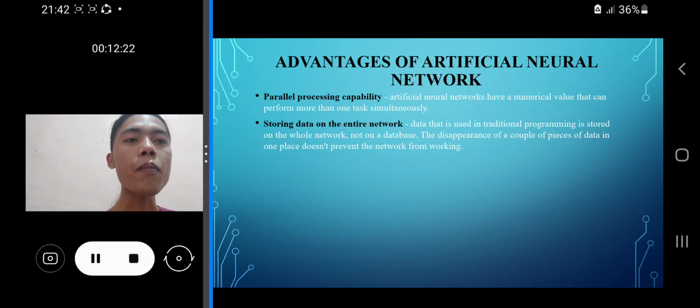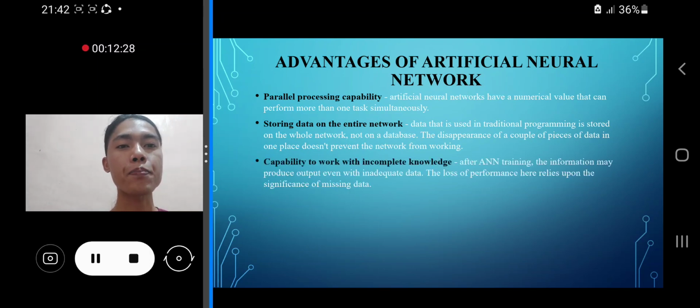The disappearance of a couple of pieces of data in one place doesn't prevent the network from working. The third is the capability to work with incomplete knowledge. After ANN training, the network may produce output even with inadequate data. The loss of performance here relies upon the significance of the missing data.